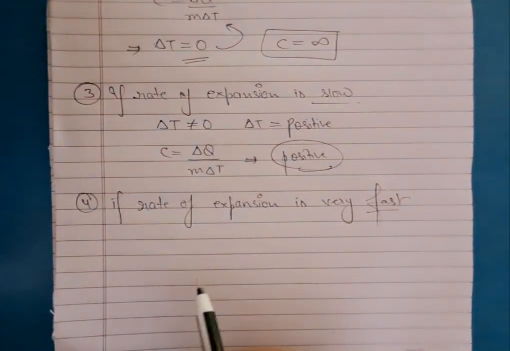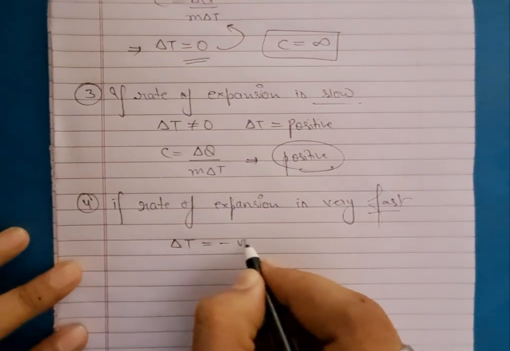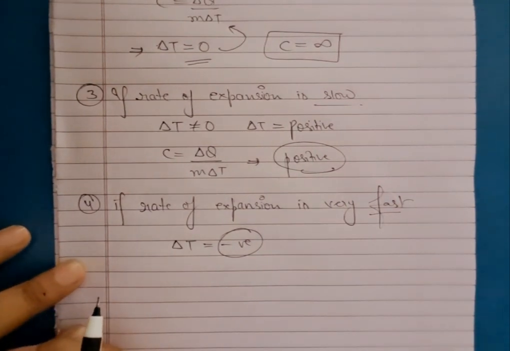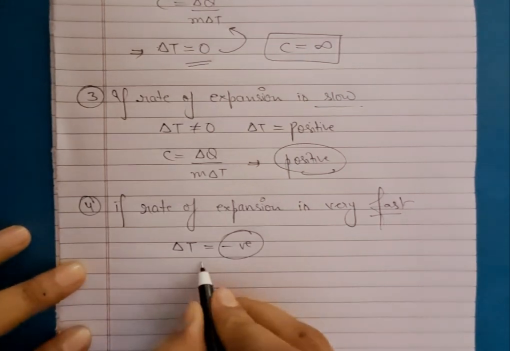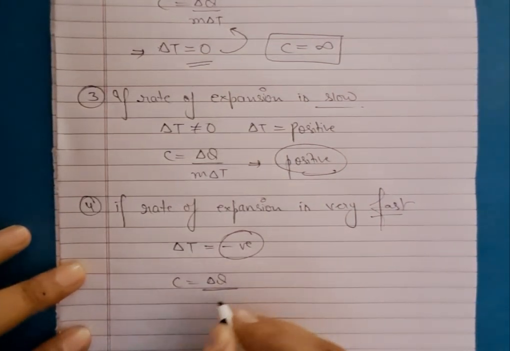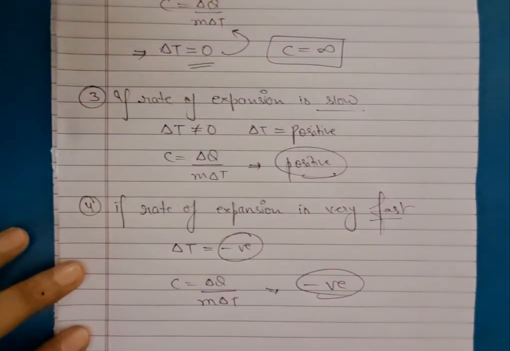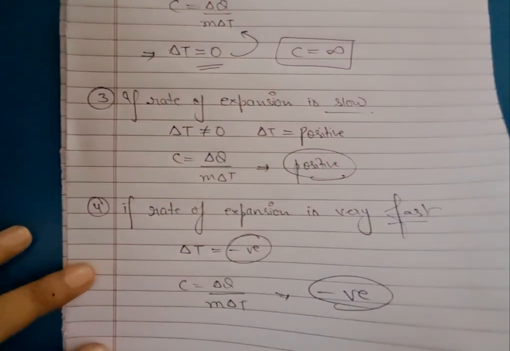So when the gas is allowed to expand, all of a sudden it becomes cold, so it comes to be negative, since the expansion will reduce the thermal energy and hence the temperature will decrease. Therefore the delta T, means change in temperature, is coming to be negative. So if the delta T value is negative, the overall equation will also become negative. So these are the limitations of specific heat of gases.